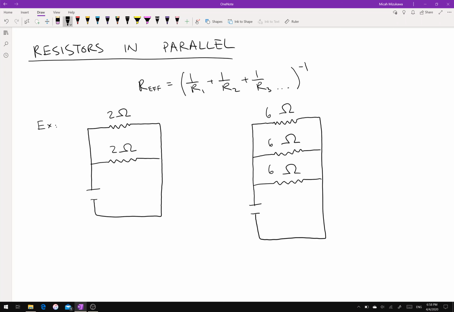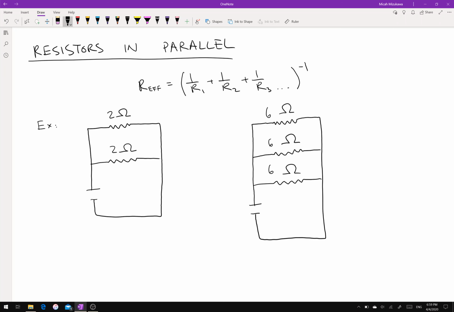In contrast to resistors in series, a single electron does not have to go through both resistors, but goes through only one of the 2 separate resistors. So on the left side we have 2 resistors in parallel, as well as on the right side we have 3 resistors in parallel.